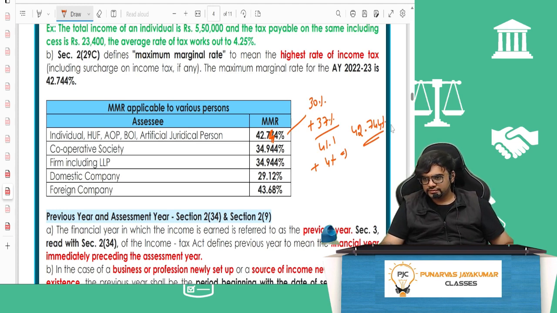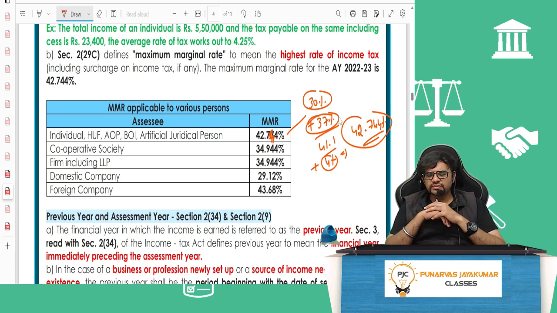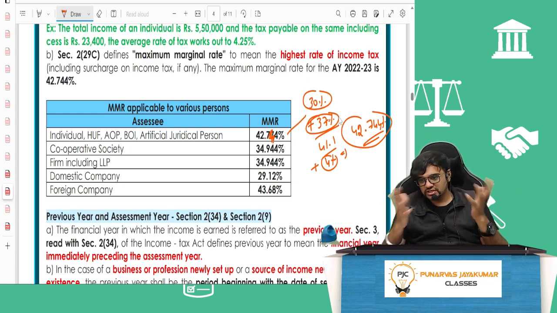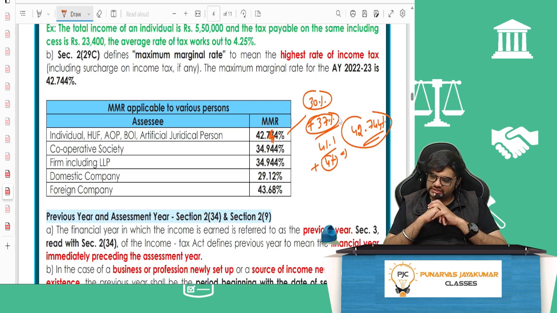Like that. In that category, what is the highest slab rate? What is the highest surcharge? Plus what is the cess? So this 37% only is called a super tax. Tax on tax. So people like Mahendra Singh Dhoni, Virat Kohli, etc., how much are they paying? 42.744%.